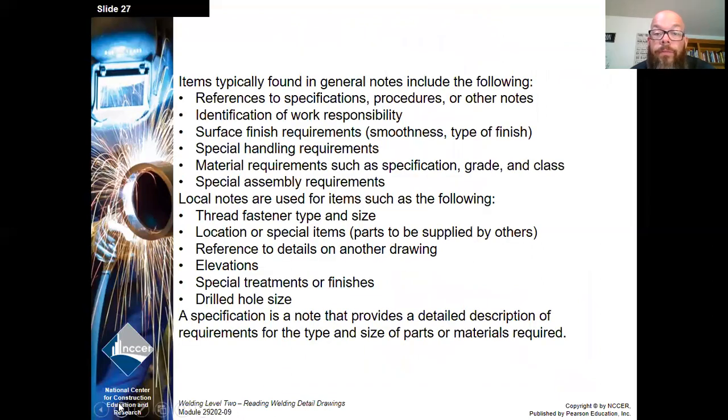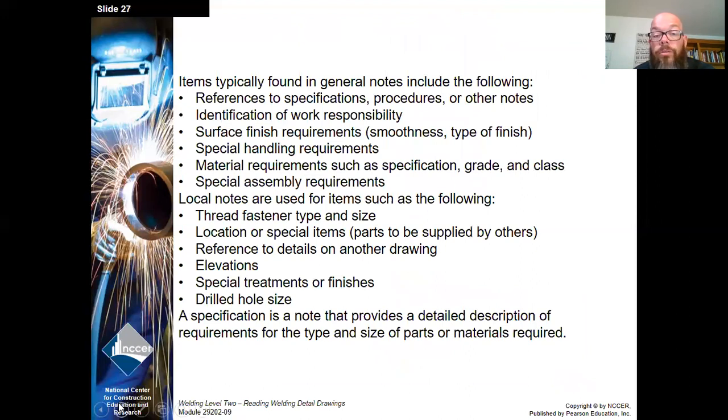Items typically found in general notes include the following: references to specifications, procedures, or other notes, identification of work responsibility, surface finish requirements, smoothness, type of finish, special handling requirements, material requirements such as specifications, grade, and class, and special assembly requirements.